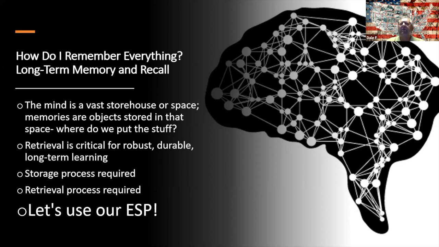So we're going to use this technique of retrieval and recall known as ESP. We're going to look at what that storage process looks like and how we retrieve that information once we store it in our brain. Once you practice this, you'll find that it's much easier to recall this information.